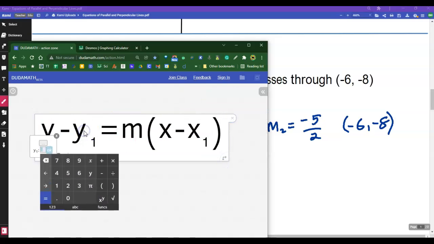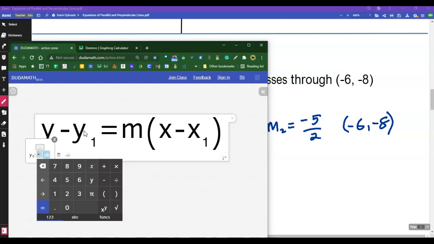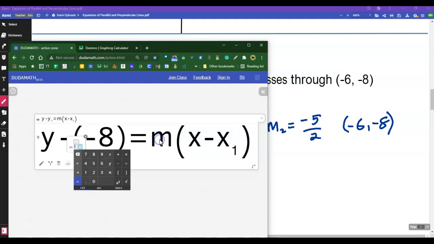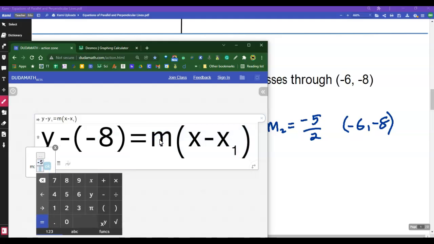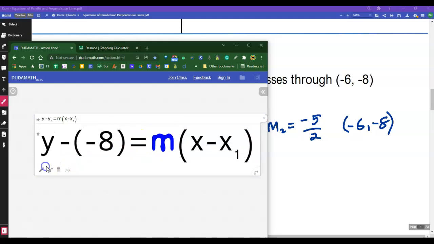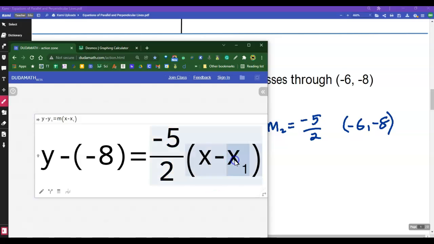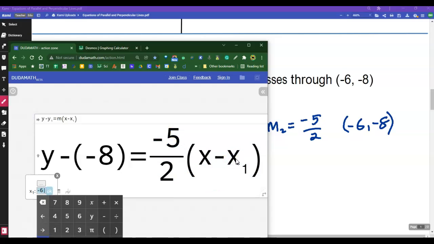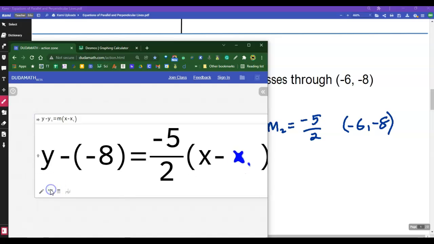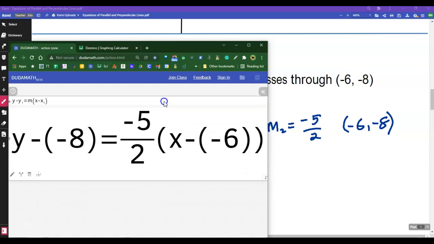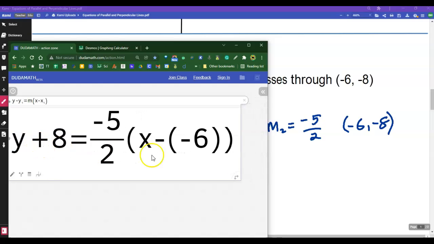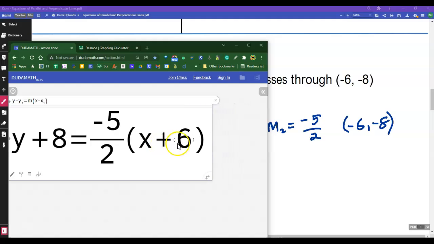And you could say, well, y1 is negative 8. And the slope is negative 5/2. And the x is negative 6. And you can see you get two of those double negatives. And that's the mistake I was having on my Desmos. They should be y plus 8, and it should be x plus 6.